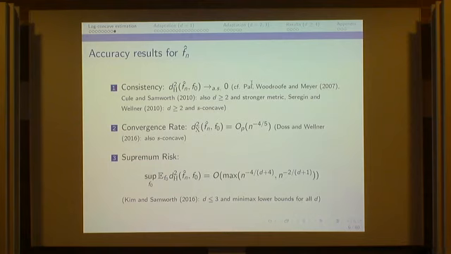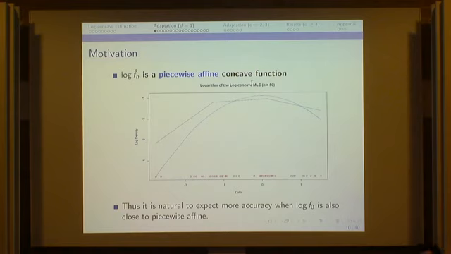If the density is quite easy to estimate, then maybe without this supremum, for fixed F0, we will have a faster rate of convergence of our log-concave MLE. So we wanted to know whether it's possible to get a class of densities which shows a better accuracy than this minimax optimal rate. So that's how we started to think about this adaptation property.